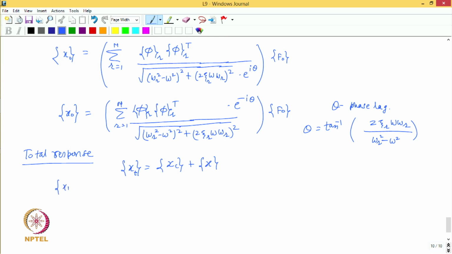The total response in the time domain will be the complementary part we wrote earlier, the free vibration response, which we can write using index j, in the trigonometric form we got later: e to the power minus zeta_j omega_j t into the bracket d_j cos omega_j square root of 1 minus zeta_j square t plus e_j sin omega_j square root of 1 minus zeta_j square t, right, with j varying from 1 to n, plus.